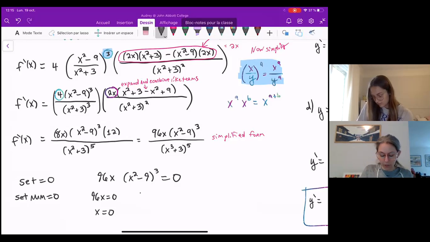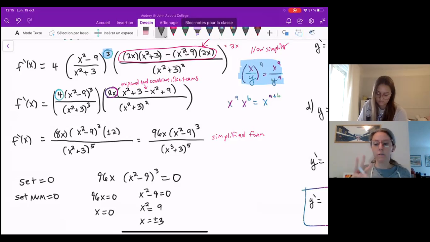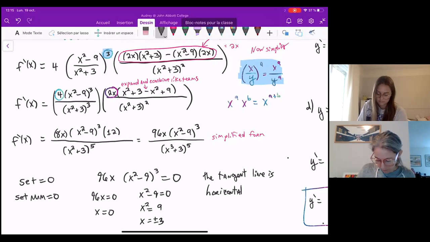Remember, powers don't have to come with me. x squared minus 9 equals 0. So that's x squared is equal to 9. So x is equal to plus or minus 3. And I found 3 values where the tangent line is horizontal. And that's my final answer.